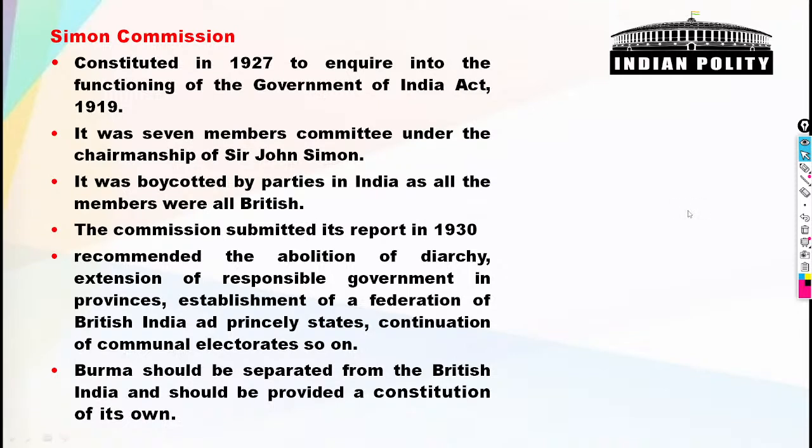But due to the volatile and tense political scenario, the British government established the commission in 1927 and sent it to India in 1928. The commission submitted its report in 1930. The commission was a seven-member committee under the chairmanship of John Simon, hence popularly known as the Simon Commission.